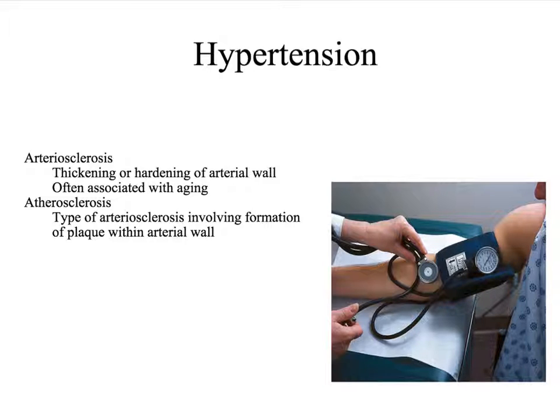That's the resistance of the vessels that the left ventricle is pushing against when it puts out its cardiac output. So any disease process that can increase peripheral vascular resistance can affect your blood pressure.